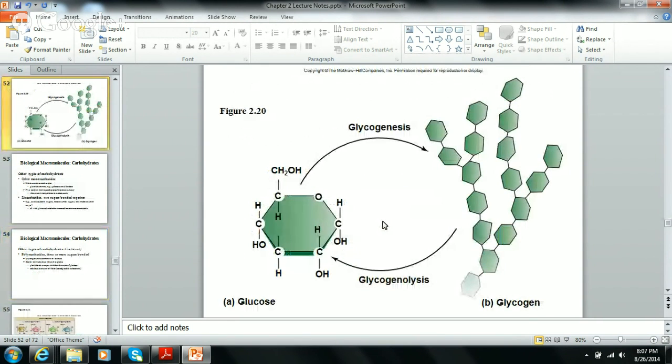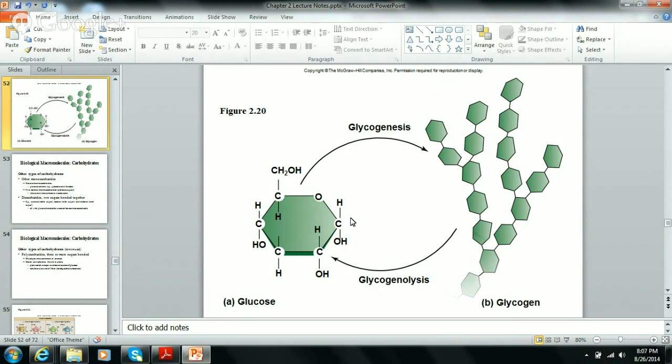So when you look at this image here, it shows glycogenesis and glycogenolysis. Or genolysis, it depends on how you want to pronounce it, but we learned it as glycogenolysis. So, remember, lysis means to break down. So we take this glycogen molecule, which is stored sugar. This is how your liver and your muscles store sugar.